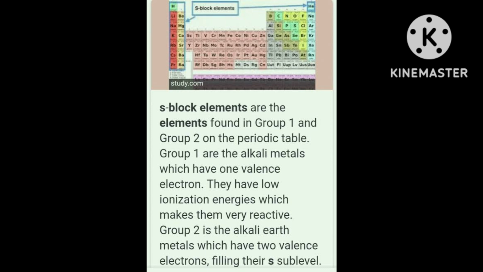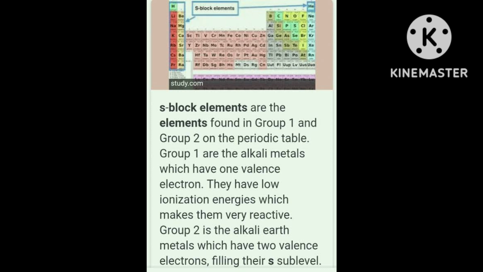Now I am going to tell other things. Group 1 elements, alkali metals. We will now discuss more about the group 1 elements, that is alkali metals. The alkali metals show regular trends in their physical and chemical properties with the increasing atomic number.